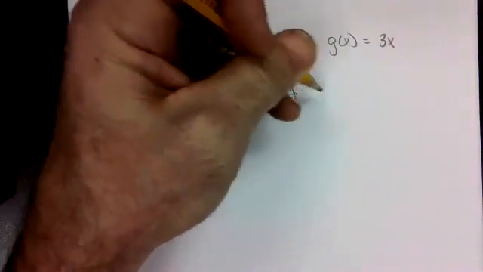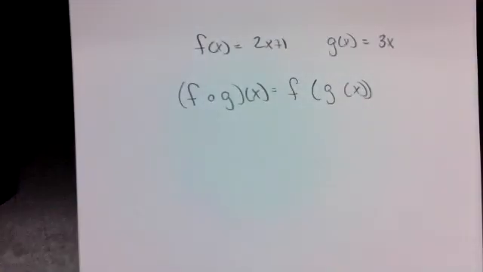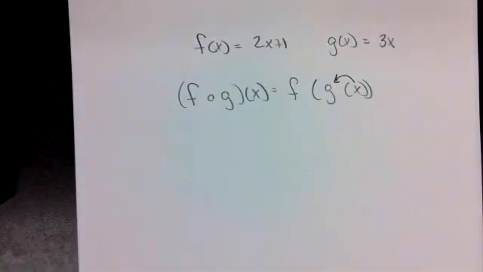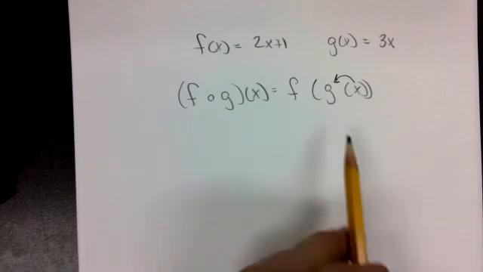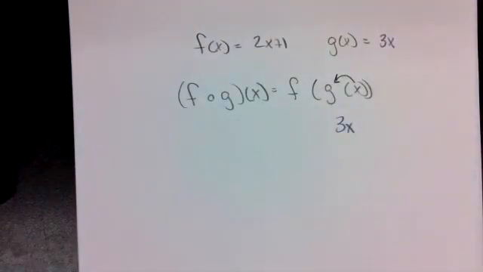Again, what this implies is f of g of x. I plug x into the g function, g of x is 3x. I can't do anything else with that. That doesn't simplify. It is what it is.